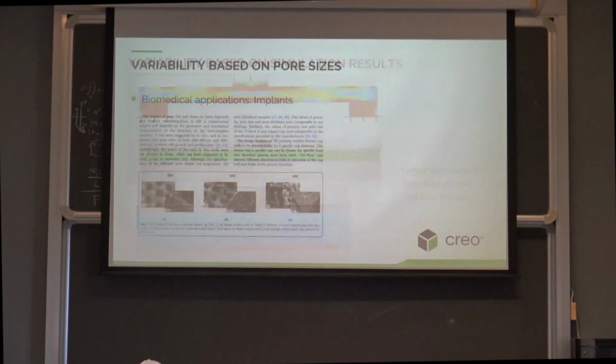A similar but different problem: in many applications, it is important to have specified pore sizes. So you want not the density distribution, but pore size distributions. The primary application, again, is biomedical, where pretty strict specifications exist for pore sizes.